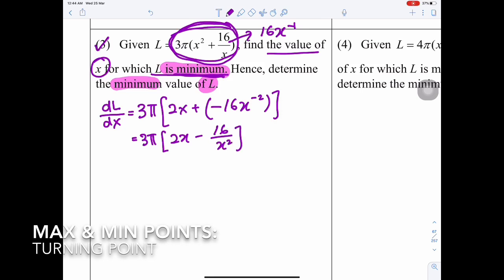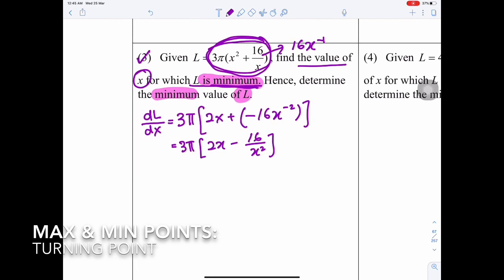Because L is minimum, take note, dL/dx equals 0. If you bring 3 pi to the left hand side you will get 0. So now 2x minus 16 over x squared equals 0.